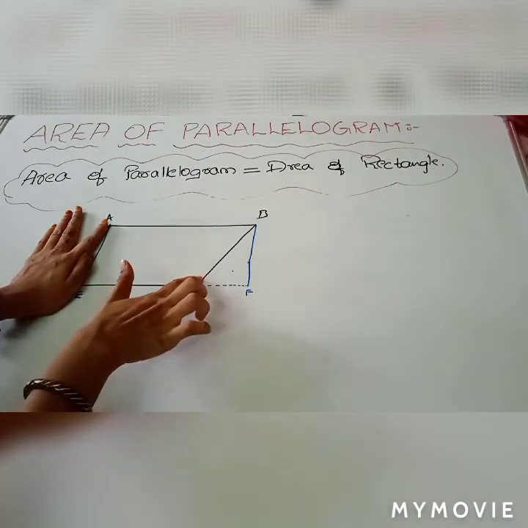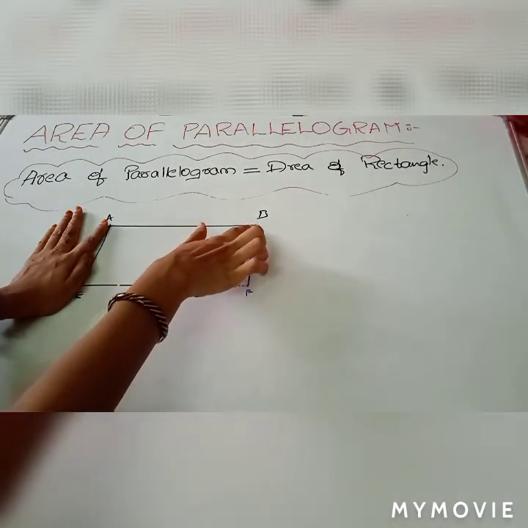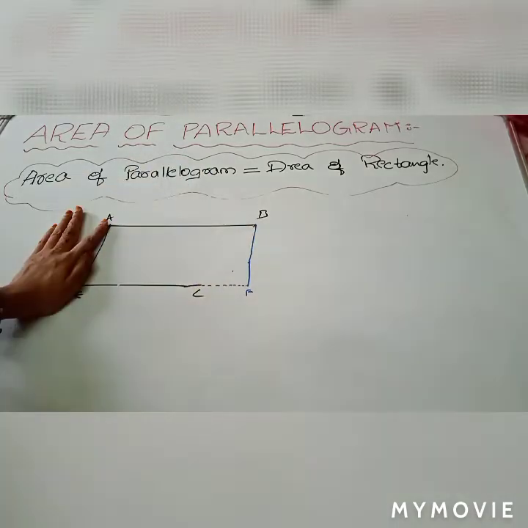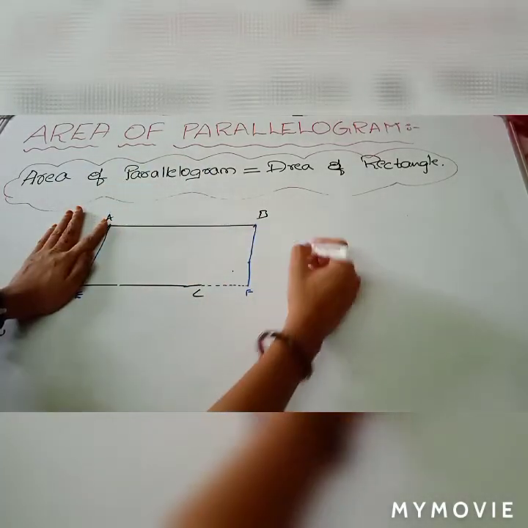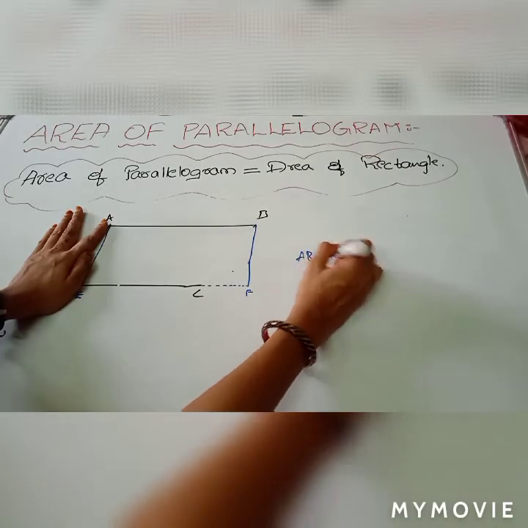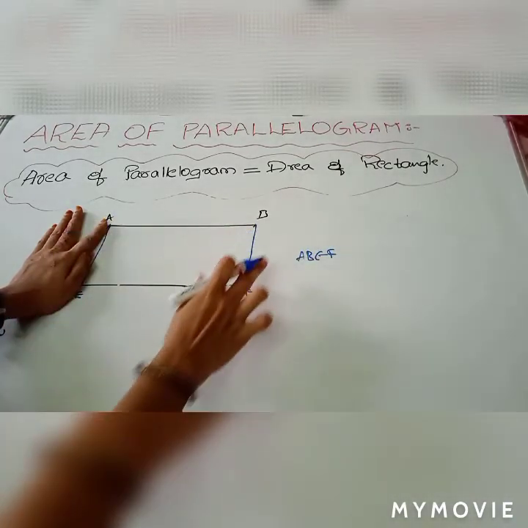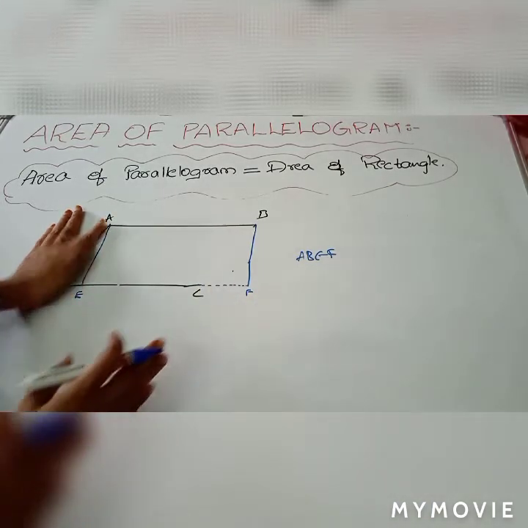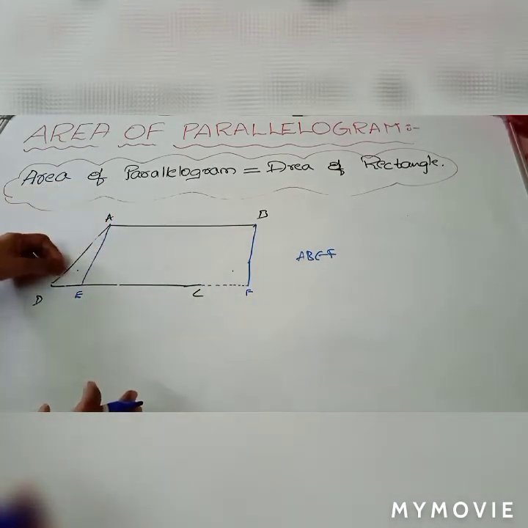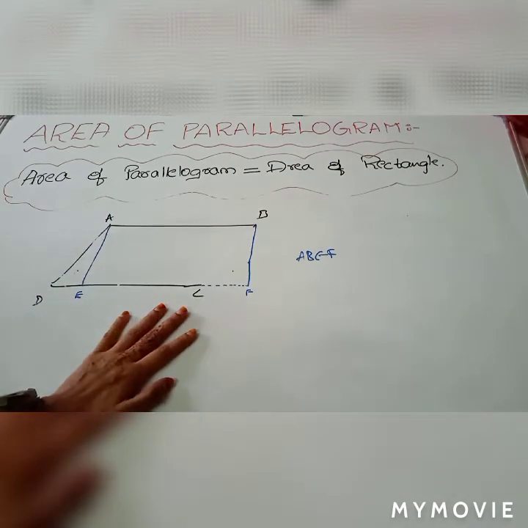Suppose I erase this line. See, it is clearly in the form of a rectangle, A, B, E, F. So what we did: we drew a parallelogram and a vertical line perpendicular to base CD.